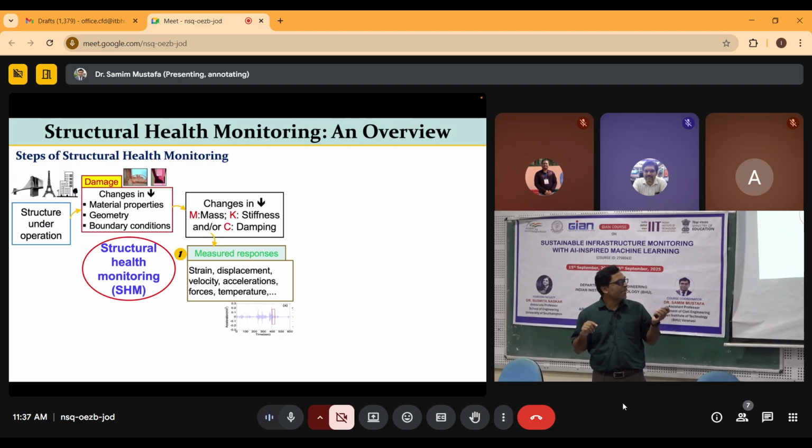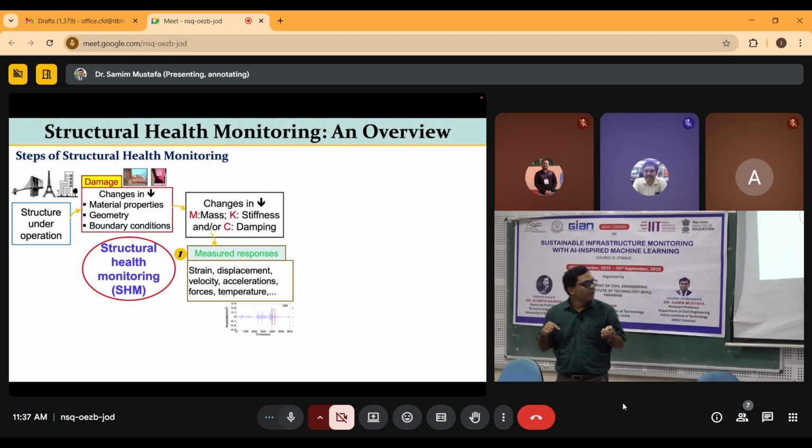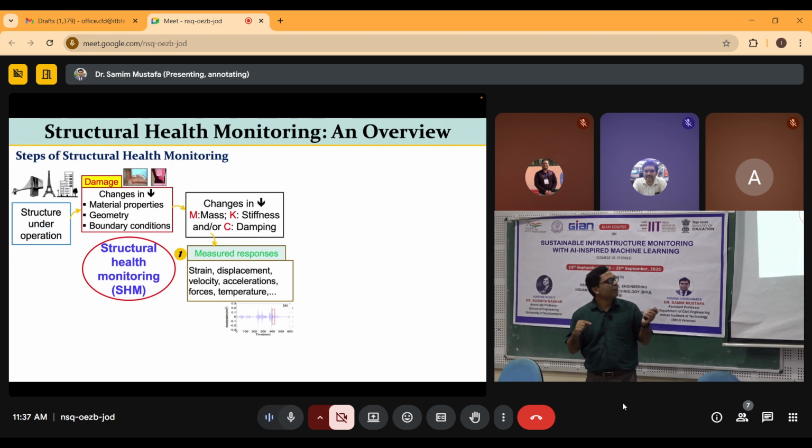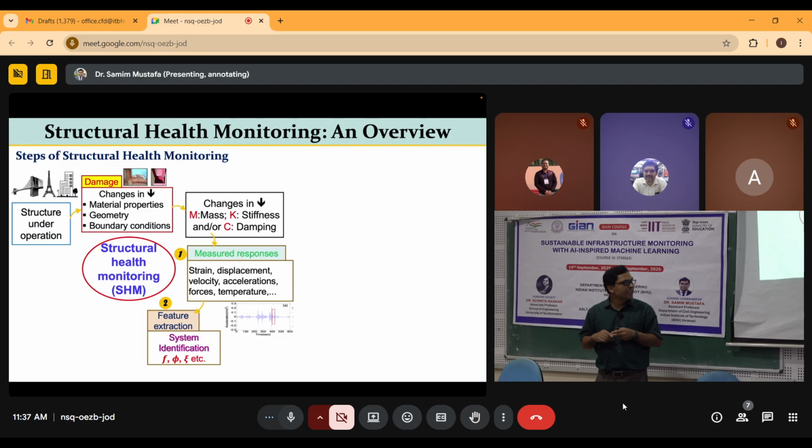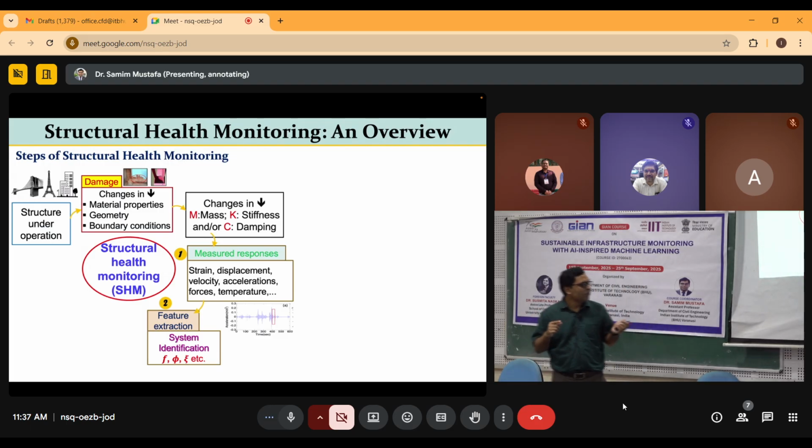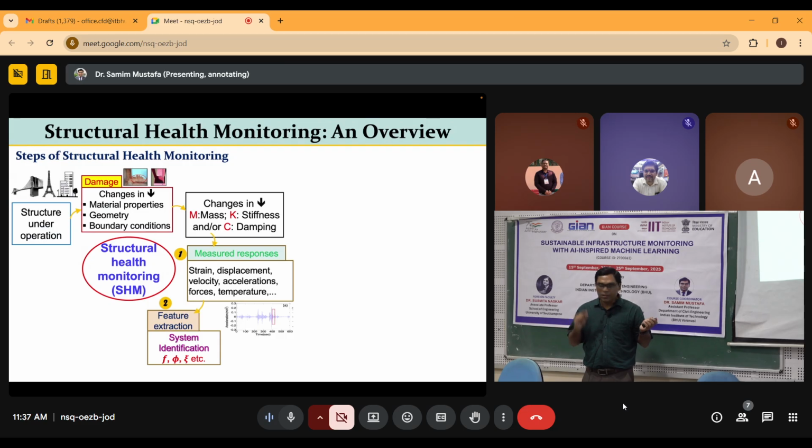From this response, I have to detect something that is related to the physical parameters of the structure. This process of detecting the features is known as system identification: detection of natural frequency or mode shape or damping parameter or any other thing.